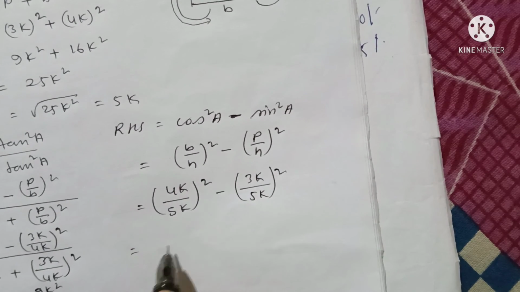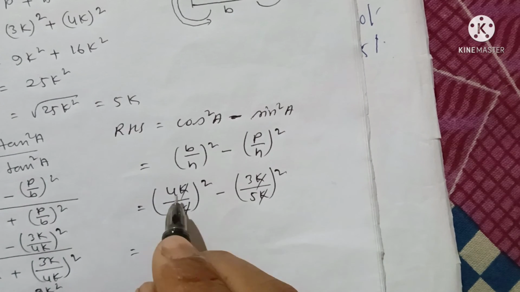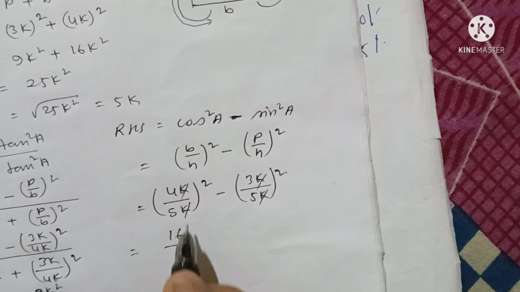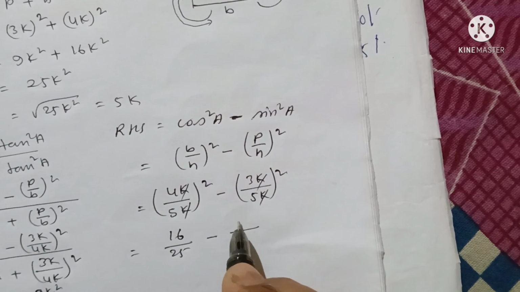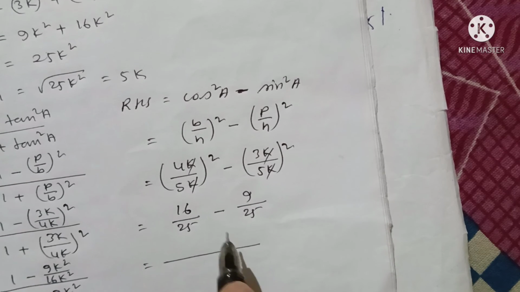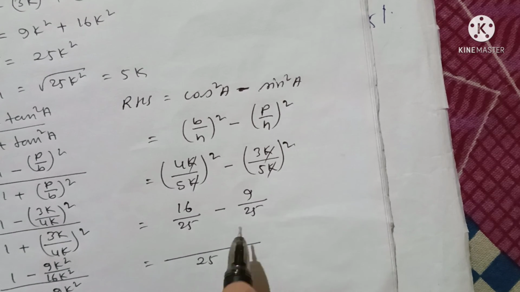Then cancel out this. Then 4 square means 16, 5 square means 25. Here also 3 square means 9, 5 square means 25. Now take LCM. 25 is same, 25.